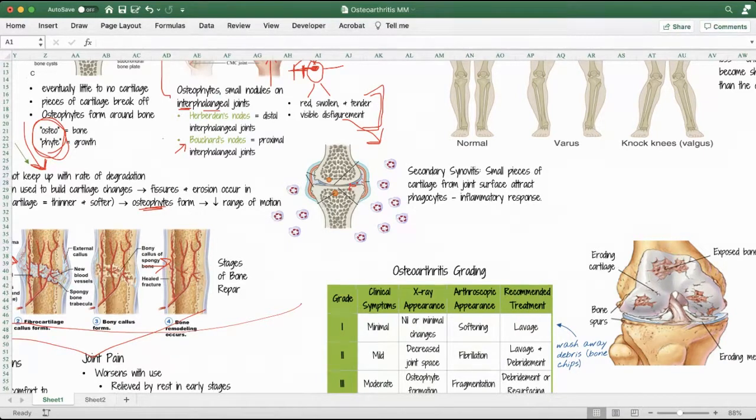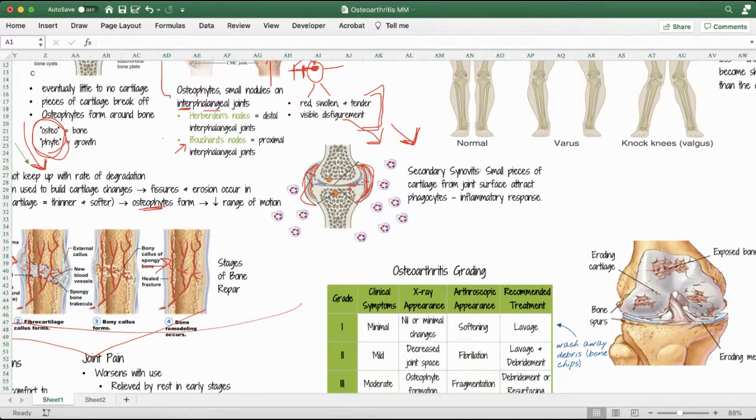Well, immediately the body sees those as a foreign object. And you remember from last week, we talked about how the inflammatory response deals with that. So you can have this secondary inflammation, and they're calling it secondary synovitis because it's the synovial joint capsule that swells, or becomes inflamed.